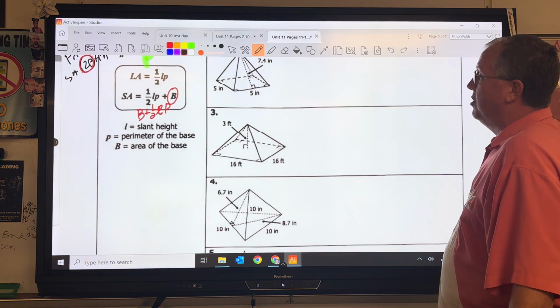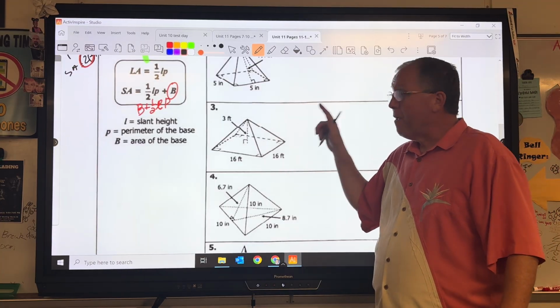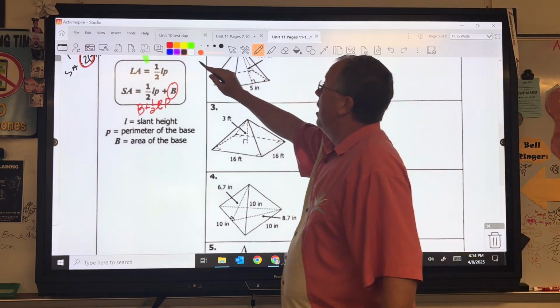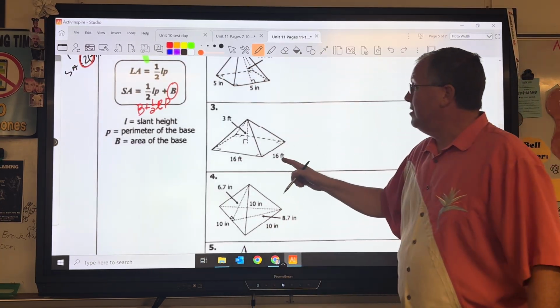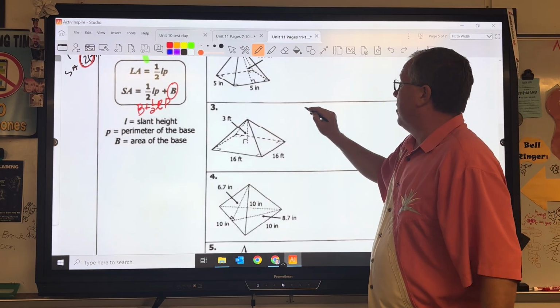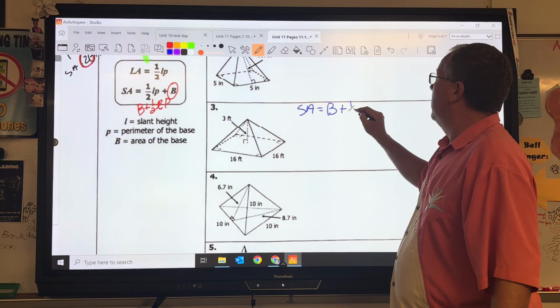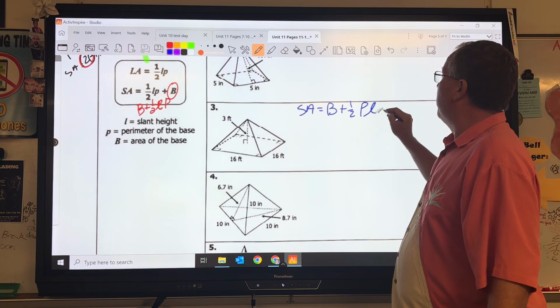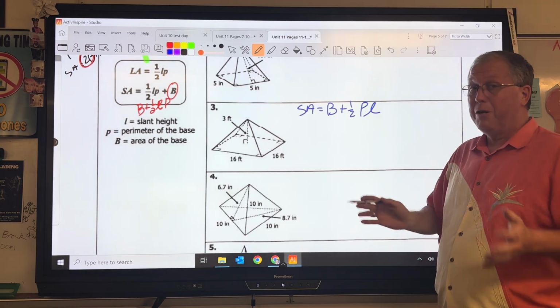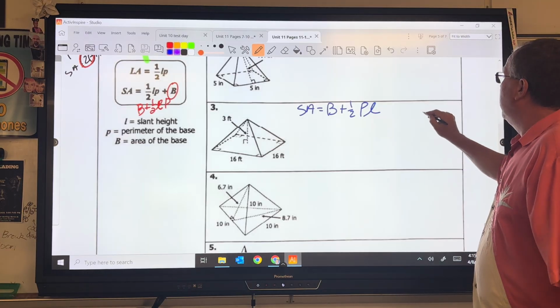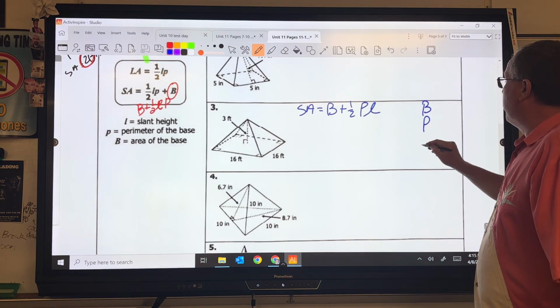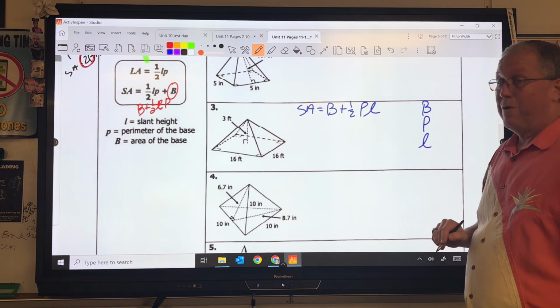I'm going to jump down to this one down here because this brings about a new feature and a new problem. So on this one, I've got, again, surface area. So my surface area is equal to the area of the base plus 1/2 perimeter times slant height. As I've been doing this whole time, I need the base, the perimeter, and the slant height, right?